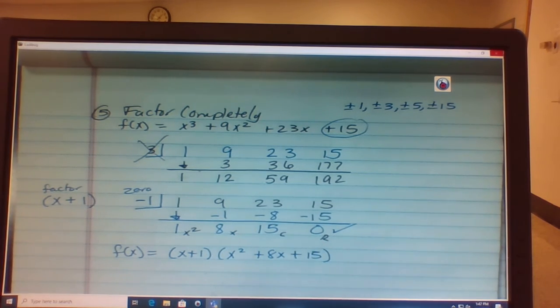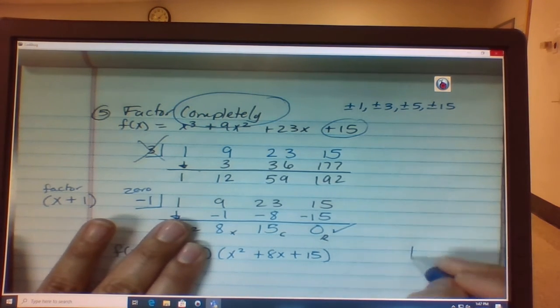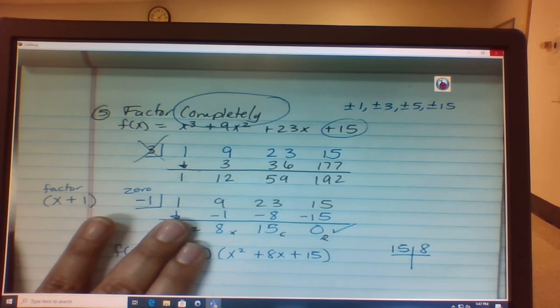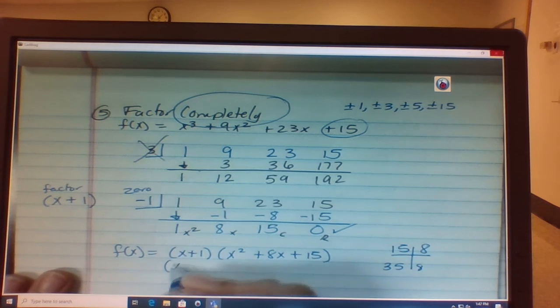But the instruction says factor completely. If you look at this, two numbers that multiply to 15 and add up to 8 are what and what? 3 and 5. And 3 plus 5 is what? 8. So this stays as x plus 1. This becomes x plus 3.